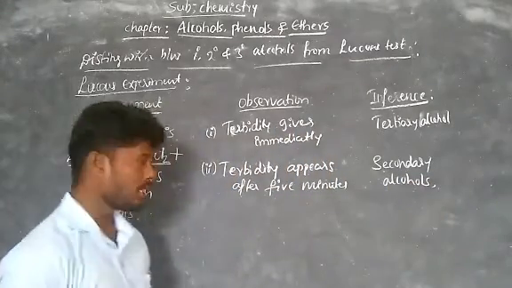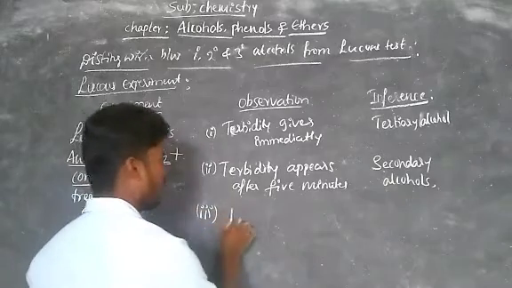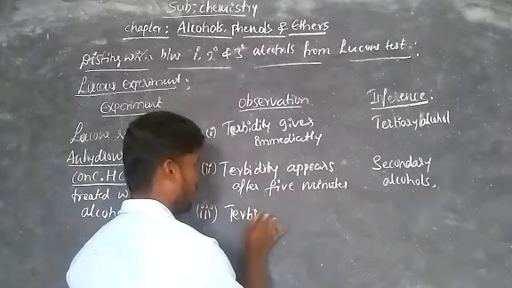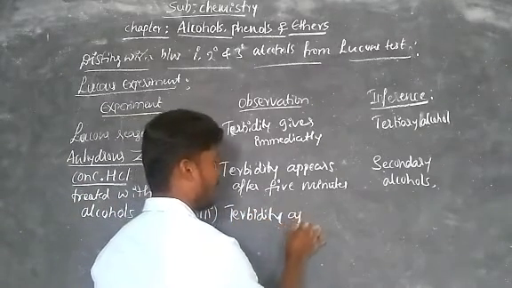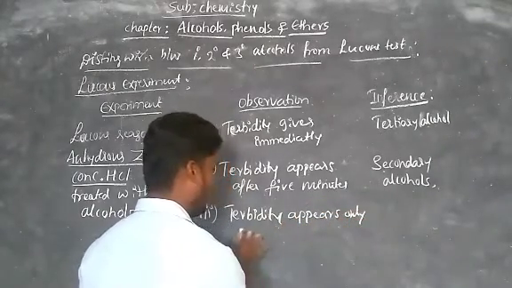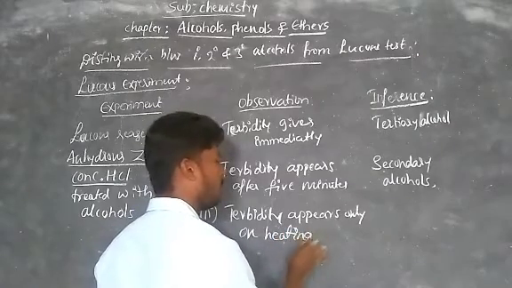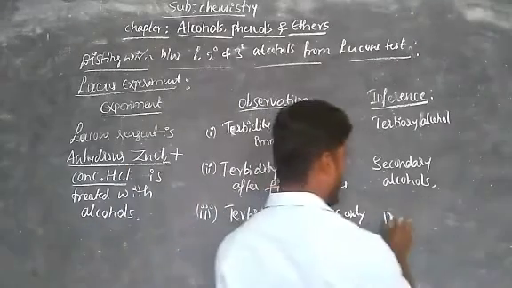Similarly, if turbidity appears only upon heating, that is, only when we heat it do we get turbidity, then that is called a primary alcohol.